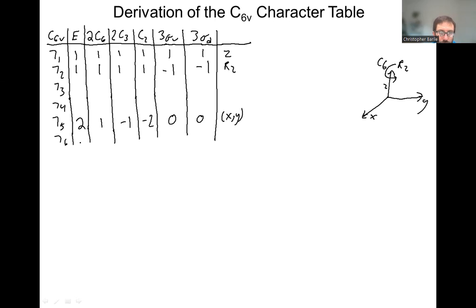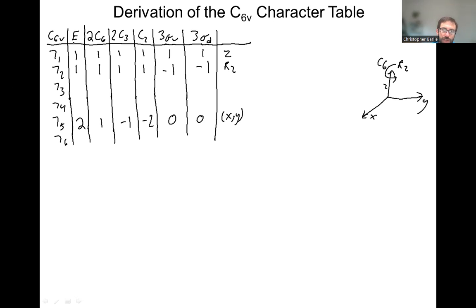Oh, and one thing that we failed to do early on: if you've looked at my other character table derivation videos, after we put all ones across the board, we look at the sum of the squares of the dimensionality.